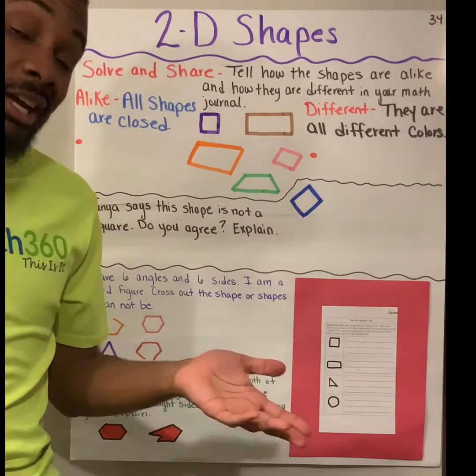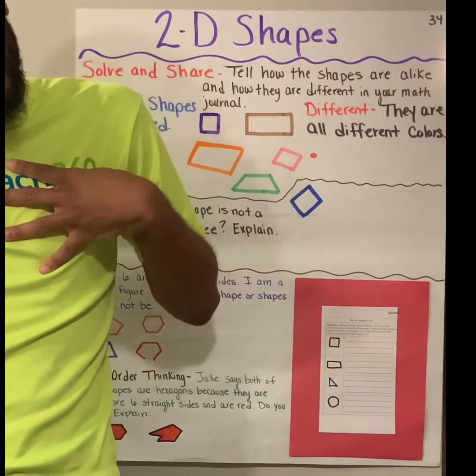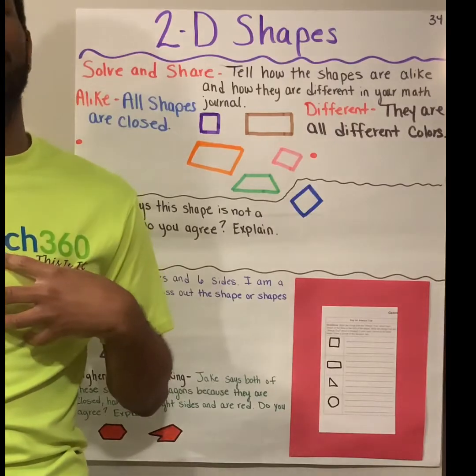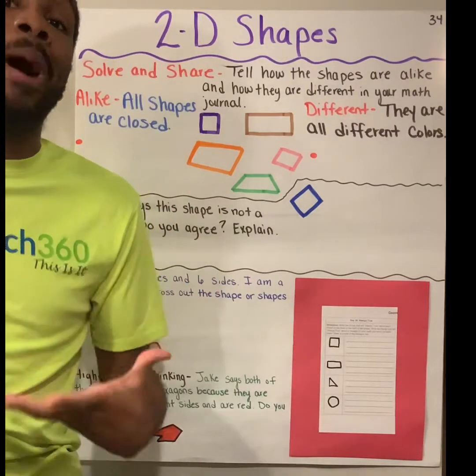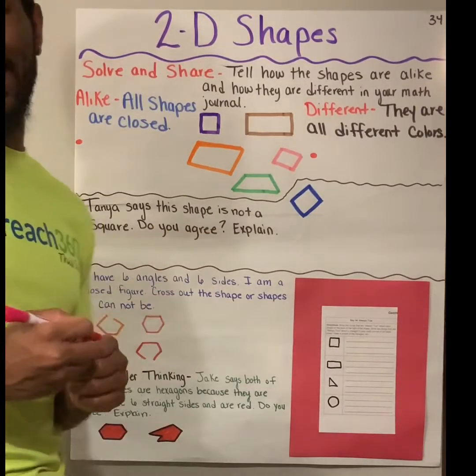And the square does have 4 equal sides, right? So I'm going to write what I believe, but if you agree with me, you can write something similar to me. But if you disagree, I want to know why you disagree, okay? So I'm going to say, so it said Tanya said that this shape is not a square.